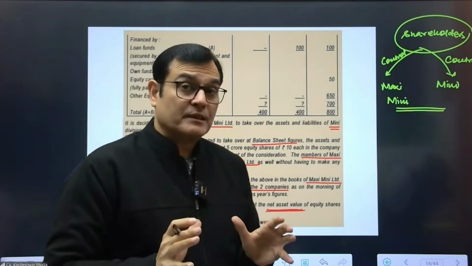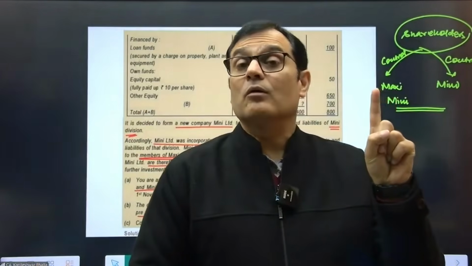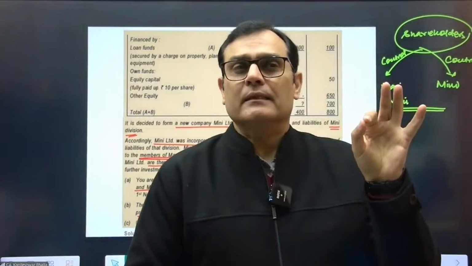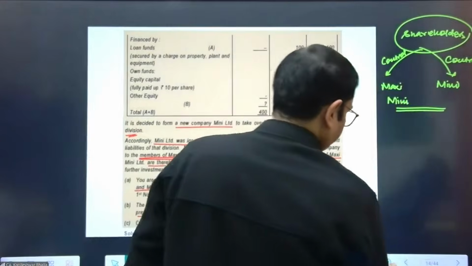So there are 3 requirements in the question. We need the entries in the books of Maximini and Mini, old and new company. We need the balance sheets of the company, and we need the net asset value per share to calculate the shareholders' impact. Let's begin. So at the first instance, this is illustration number 37.